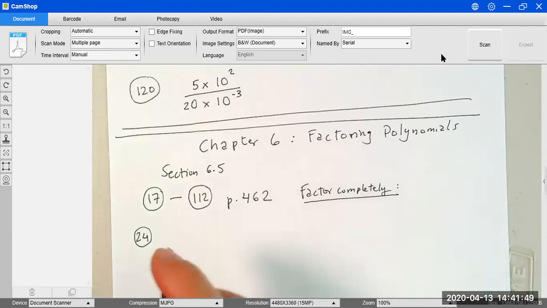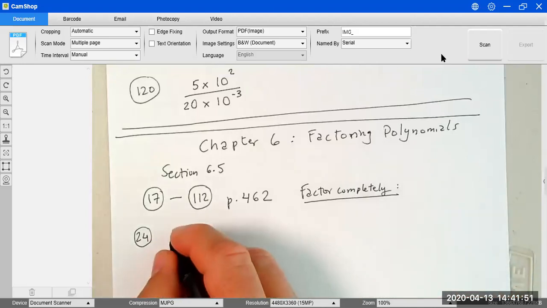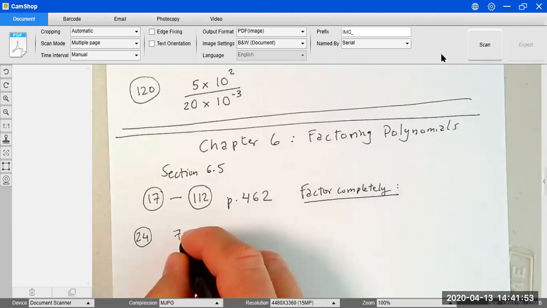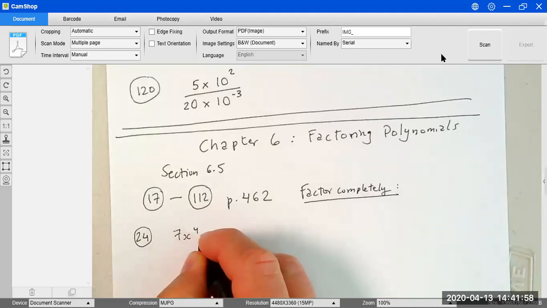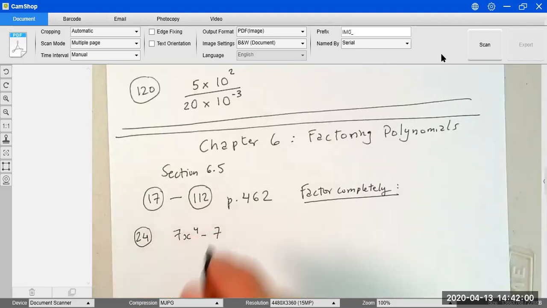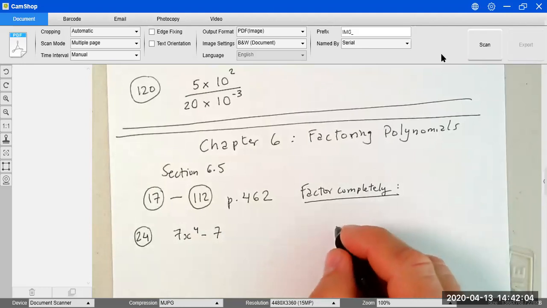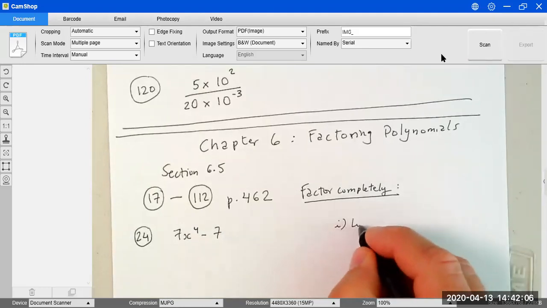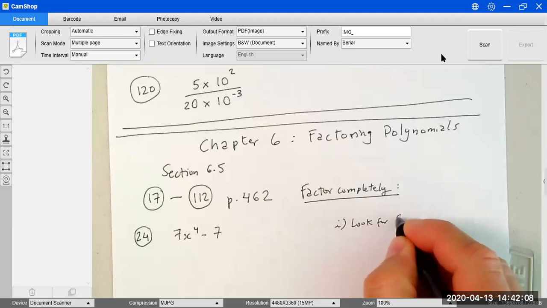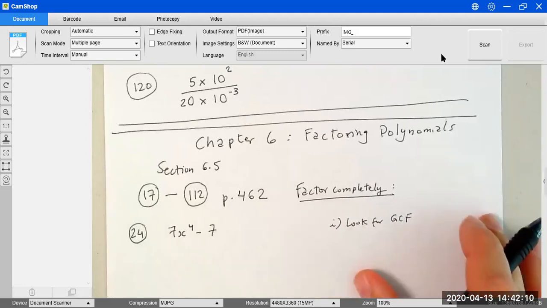So we're going to start with problem 24, which is just 7x to the 4 minus 7. So this is the problem. You need to remember that we start looking for the greatest common factor for all the terms.